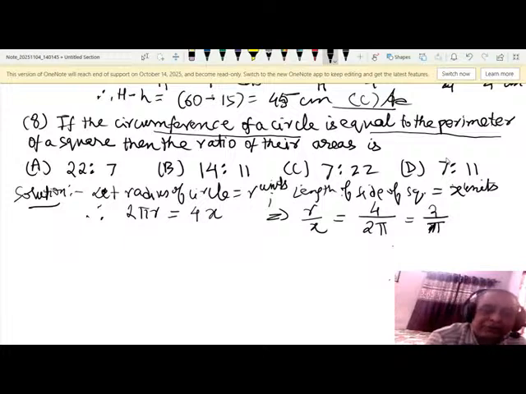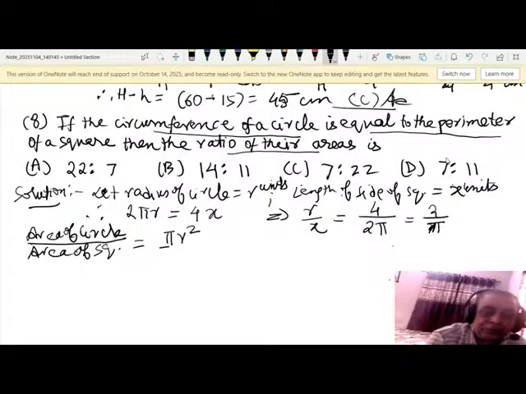Now we are asked to find the ratio of their areas, that is the area of the circle divided by the area of the square. The formula for the area of the circle is pi r squared, and the area of the square is side squared, that is x squared.